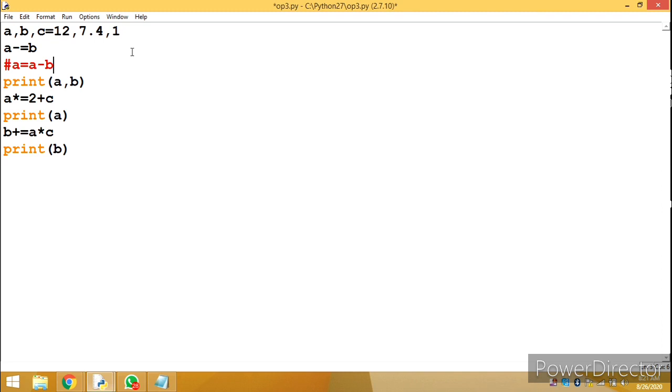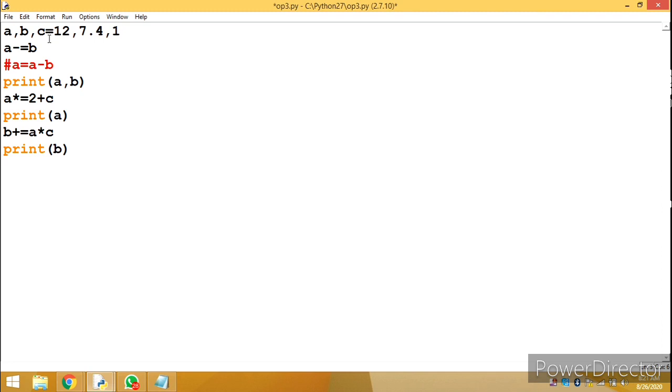Can you get me the output? How many print statements are you having? Sir, 3. So how many outputs will you be getting? Sir, 3. Okay, very good. That means you have come to know that you will be getting 3 outputs. What is the very first output you will be getting?